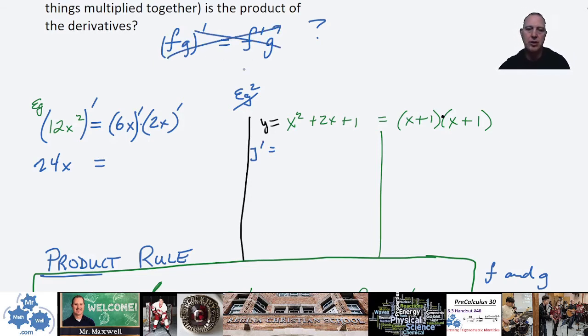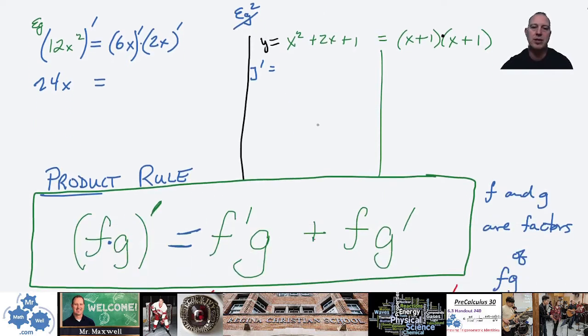Now I'll show you the product rule down here, and we'll test it out with a few examples. If f and g are factors of something, the product fg, you can't just do f prime times g prime and be done. Instead, what you do is this. You take the derivative of the first factor and you multiply it by the second.